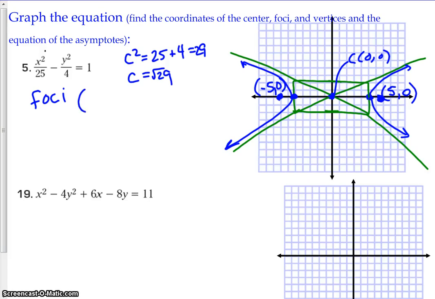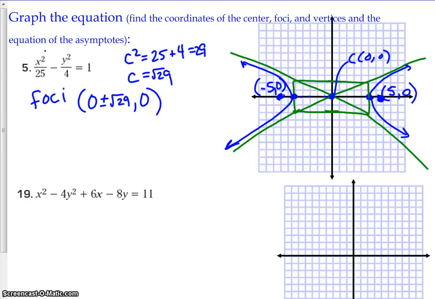So my foci is going to be, instead of the point 0, 0, it would be 0 plus or minus square root of 29, and then the y is still 0. Okay? So square root of 29, if you want to think of it as a little bit less than 6, a little bit more than 5, you know, 5 point something, you can see that we did 1, 2, 3, 4, 5, and a little bit more. So that's how we got the foci there. Okay?